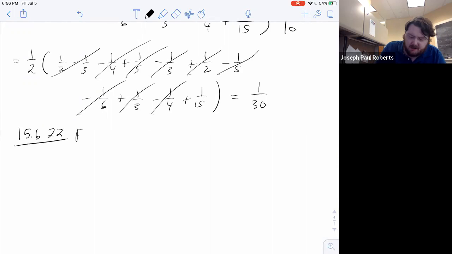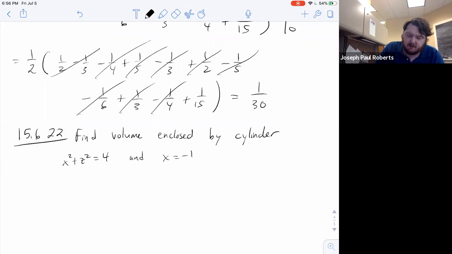So it says find the volume enclosed by the cylinder x squared plus z squared equals 4, and the planes y equals -1 and y plus z equals 4.